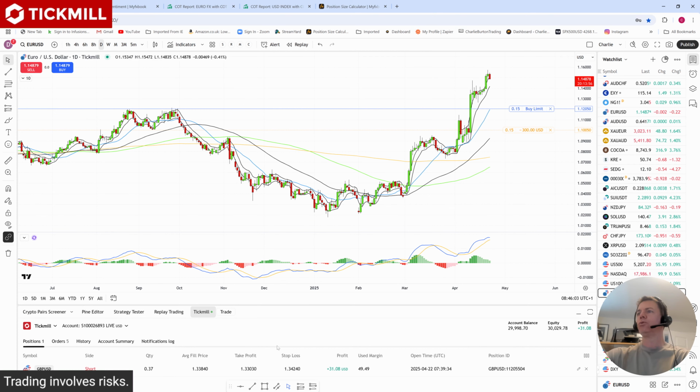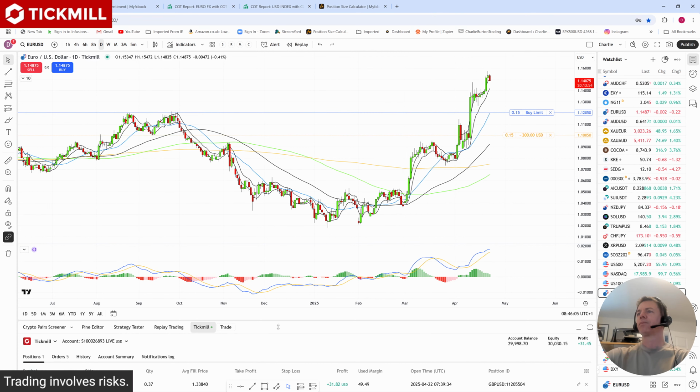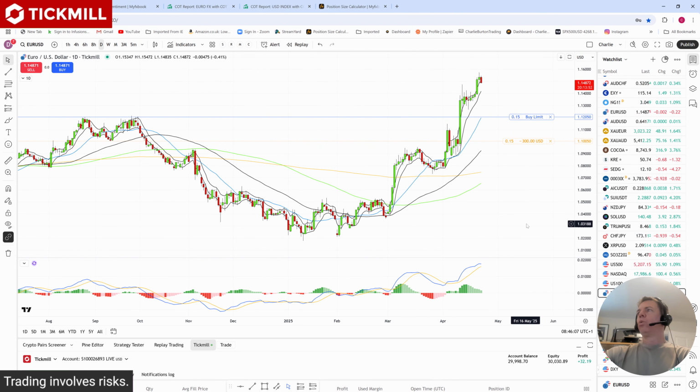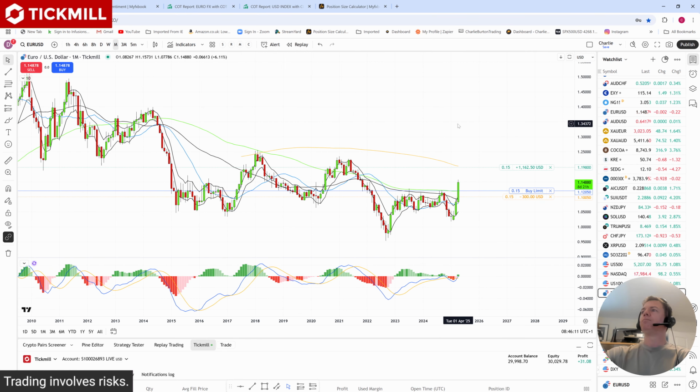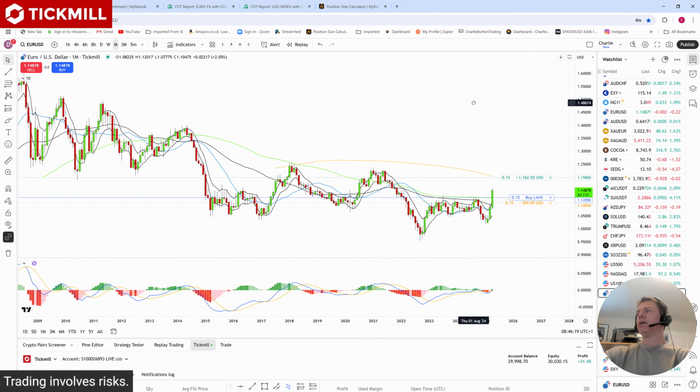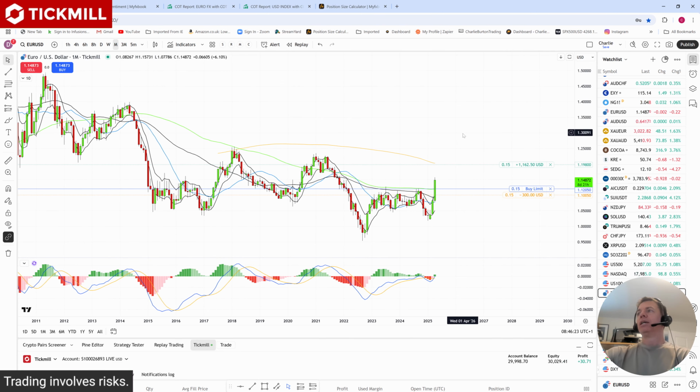Now let's come back to that just briefly for a minute here. Why 120? We need to go back to that monthly time frame there, and on the monthly, you can see my 200 period moving average is sitting just north of 120.